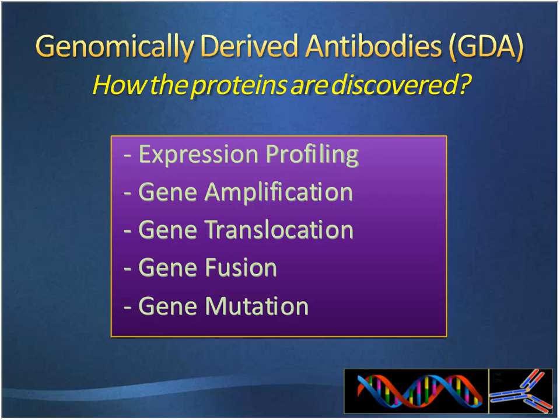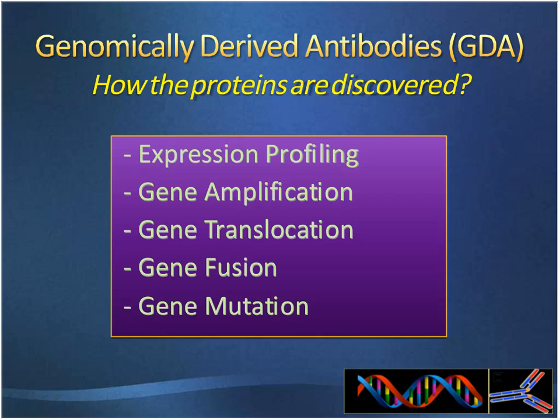As opposed to classic methods of producing antibodies, in which normal cell and tissue proteins were isolated and antibody was produced against them, the genomically derived antibodies take advantage of molecular abnormality detected, and those molecular abnormalities may or may not result in expression of an abnormal protein or an abnormal expression of a protein. That's where we go from here.